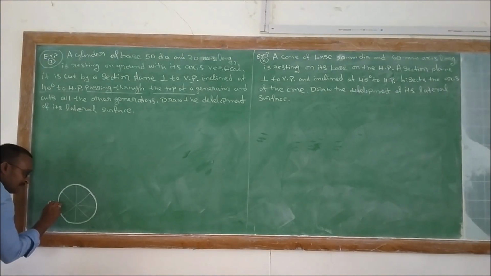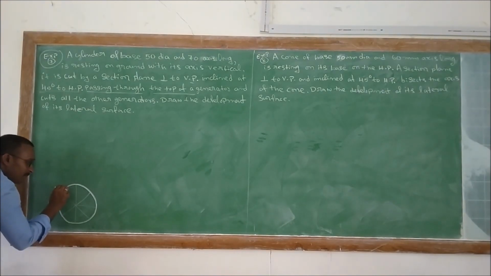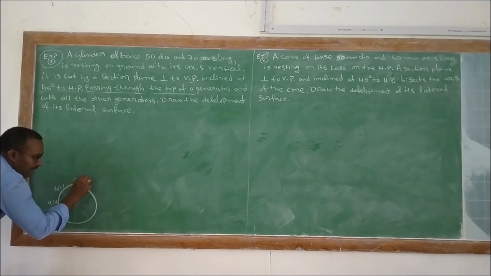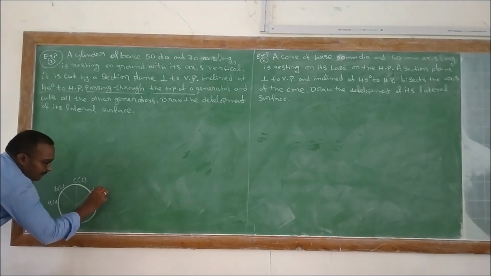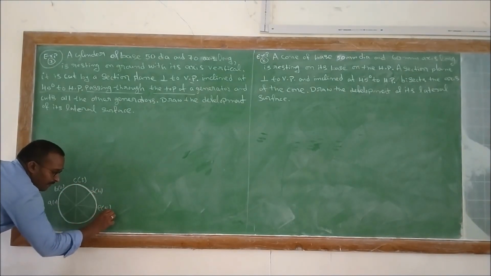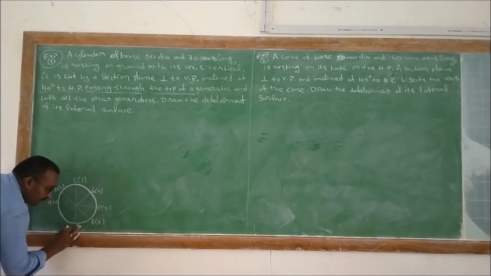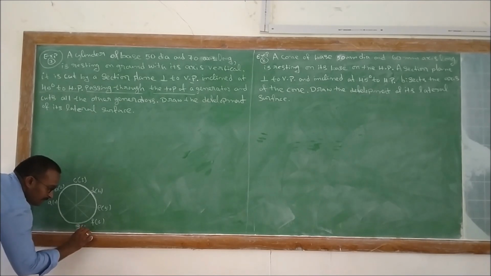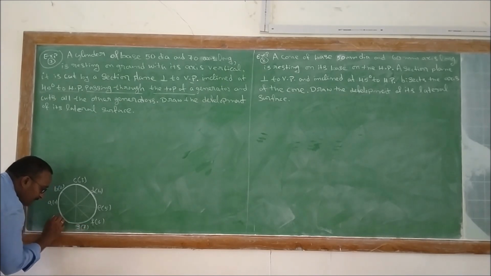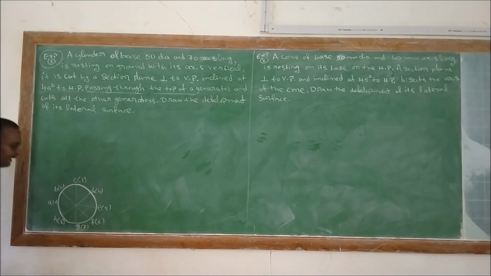So here it is A of 1, B of 2, C of 3, D of 4, E of 5, F of 6, G of 7, H of 8.